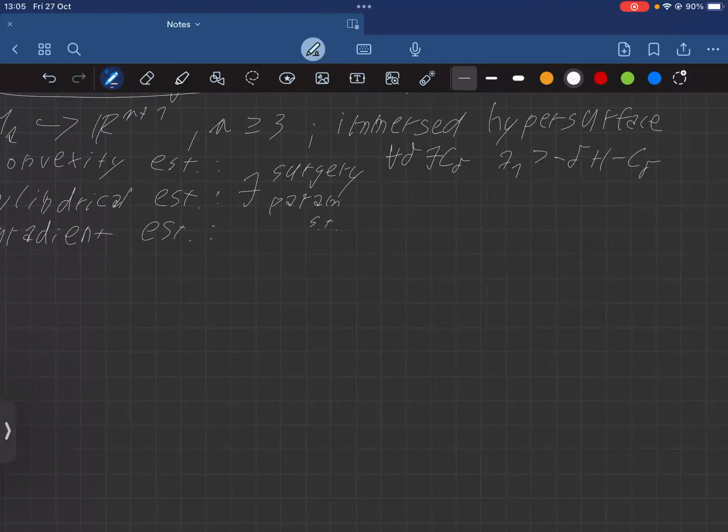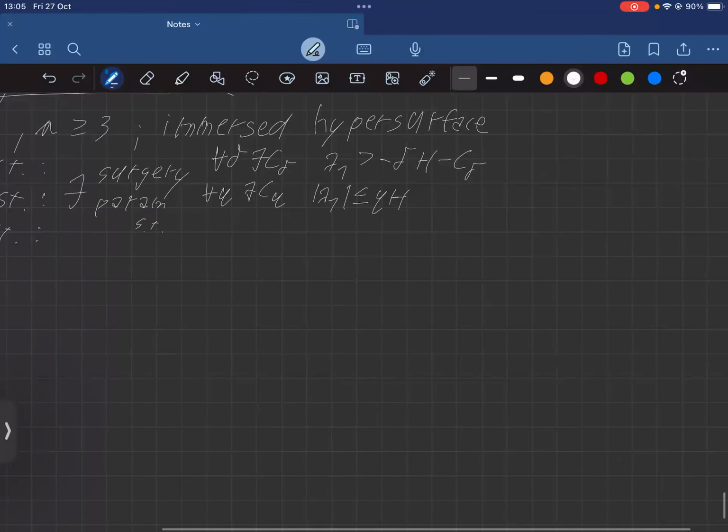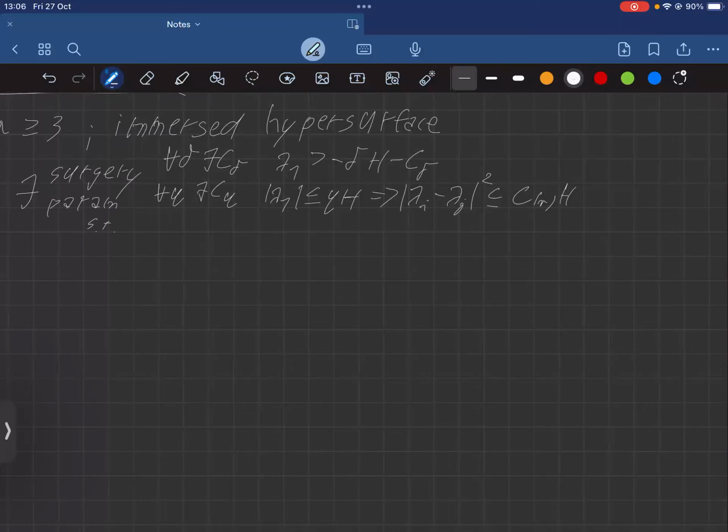For the cylindrical estimate, we have that for each eta, there exists C eta, such that whenever the first eigenvalue is small enough, but it means it's more than eta times the mean curvature, then any two other eigenvalues are close to each other, by some C that just depends on the dimension, H squared eta plus C eta.